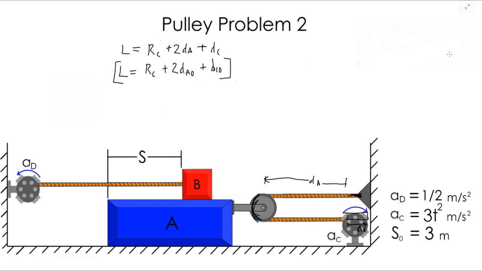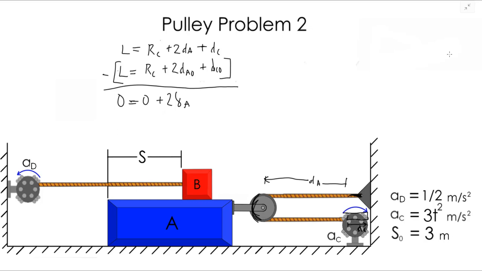Then we're going to subtract our equations, just like we did in the last video. So it's going to be 0 equals 0 plus 2 delta A plus delta C, where delta is just final minus initial, so it's the change.